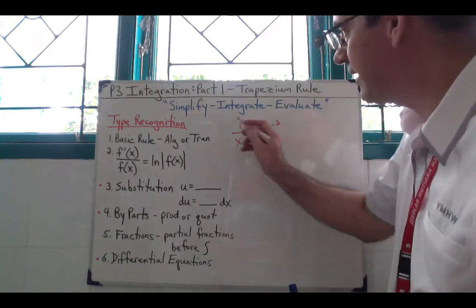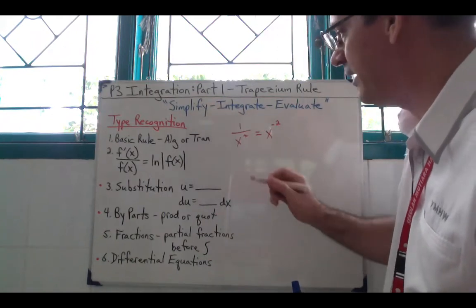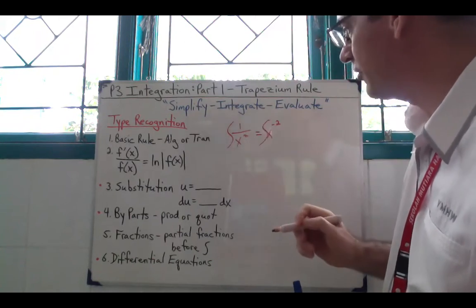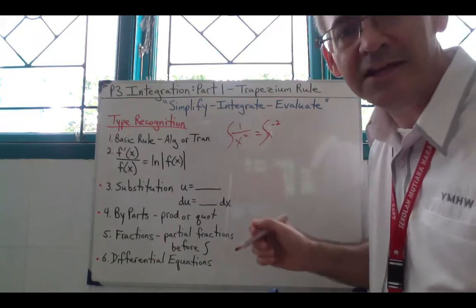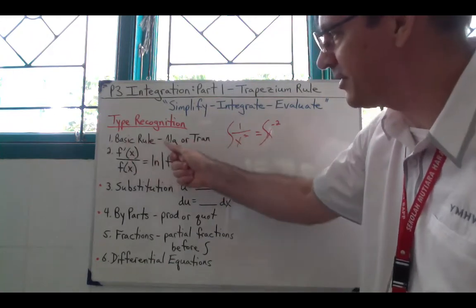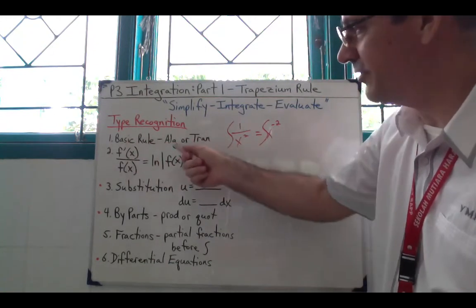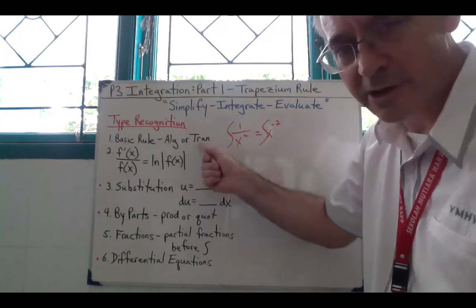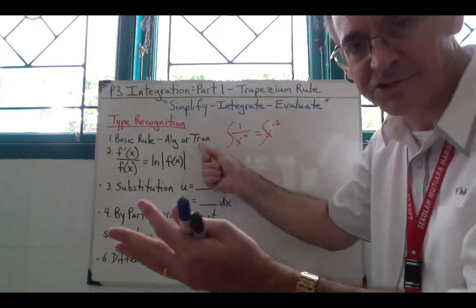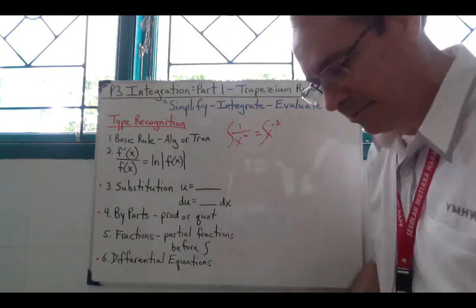Okay, so this would be like your simplification step. And then, of course, you'll go into the integrate part where you integrate this. But this would just be your basic algebraic rule. Is it a basic algebraic or a transcendental function like a logarithm, exponential, or trigonometric type thing?